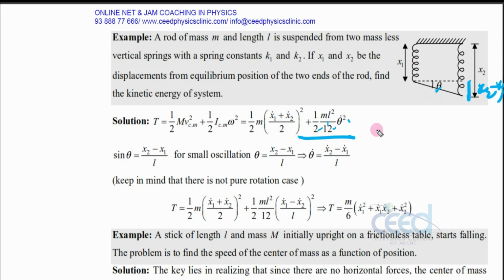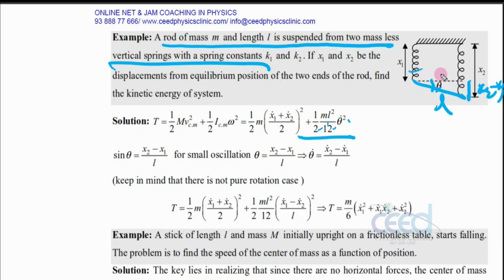All right, for a small displacement, a rod of mass m and length L is suspended from two massless vertical springs. This is the rod. By oscillation, this rod rotated by an angle theta, because the springs have different spring constants, so they do not elongate in the same way. Elongation is different for different springs.